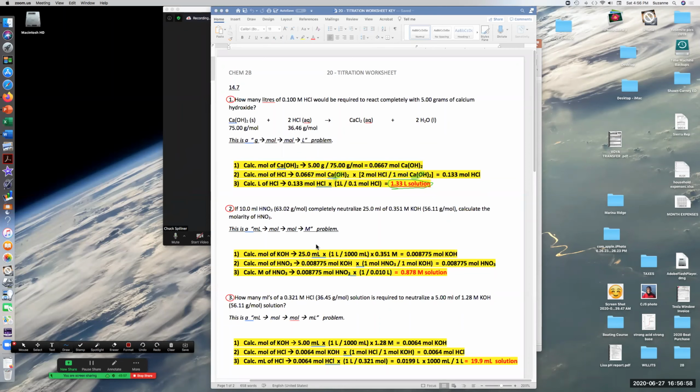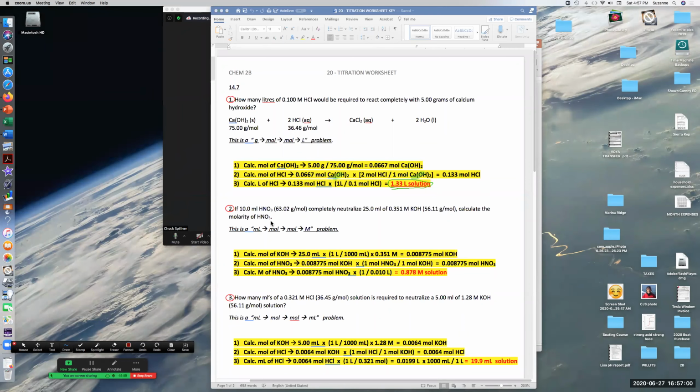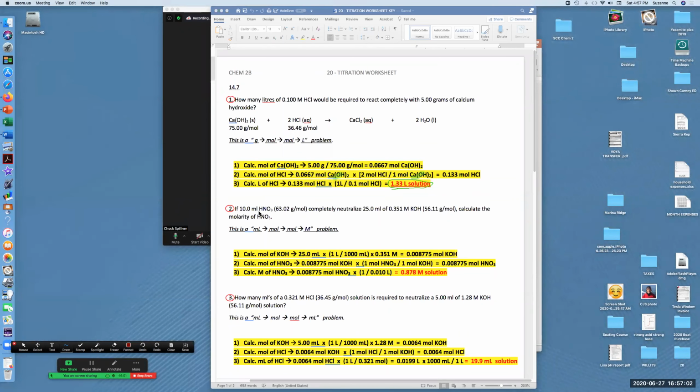Problem 2 is also 3 steps. But let's look at problem 2. So if 10 mils of nitric acid completely neutralized 25 mils of potassium hydroxide, calculate the molarity of the nitric acid. So this is a titration problem. We want to know the molarity of the nitric acid.